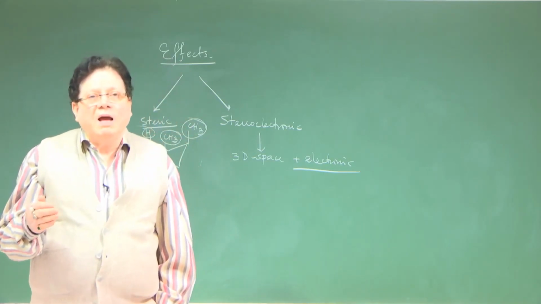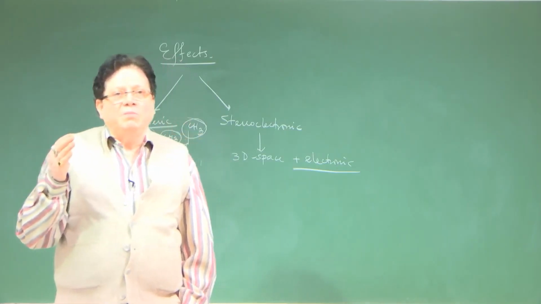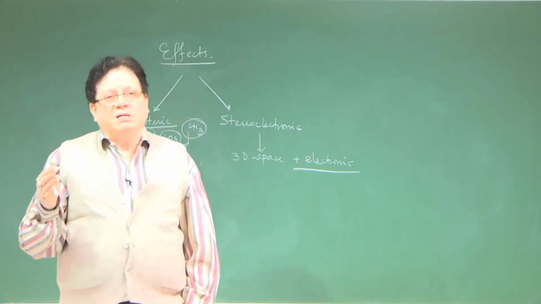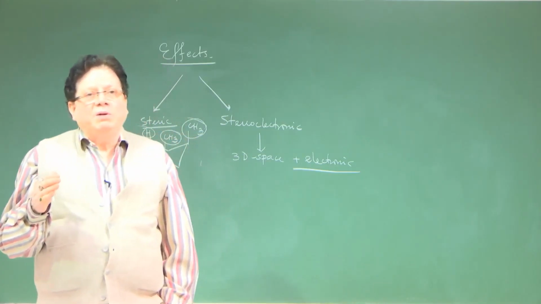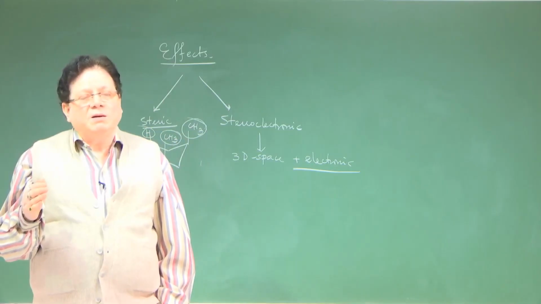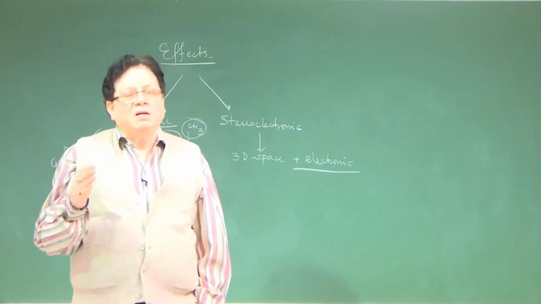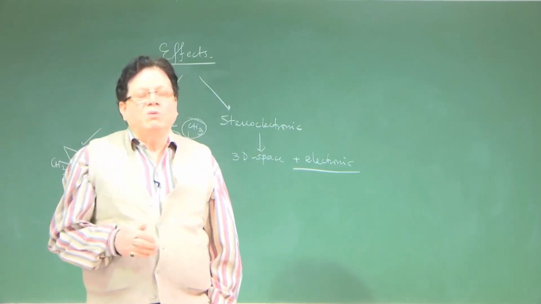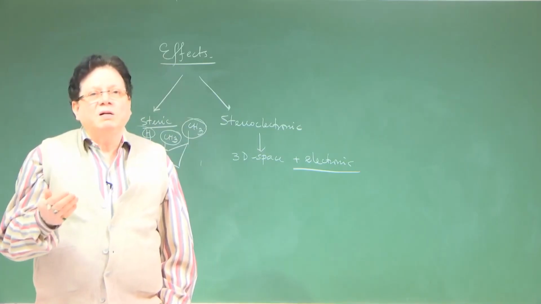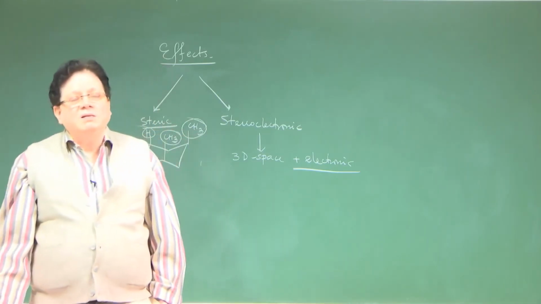That means the molecule adopts a particular conformation where the orbitals are positioned geometrically in such a way that there may be some meaningful overlap between the orbitals, and the molecule gains stability. That is one aspect. The other aspect is that if there is too much electronic repulsion, then the molecule adopts a conformation where the orbitals go away from each other. All types of possibilities are there.